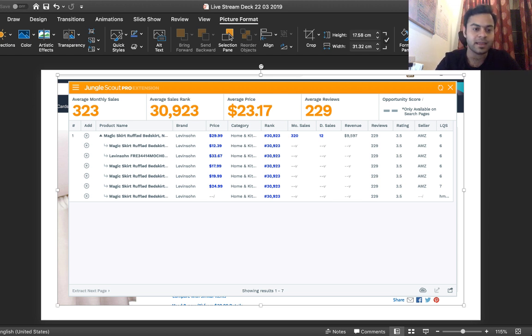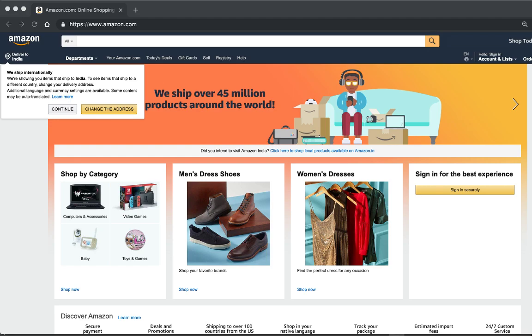The second thing, I'm going to show you the second way to back that first hypothesis and figure out which variation is selling. So let me go to my Amazon screen, just 1 second. All right, I hope you can see my Amazon screen.